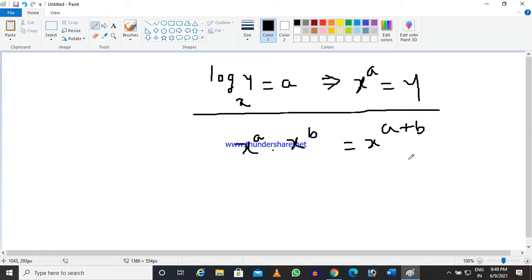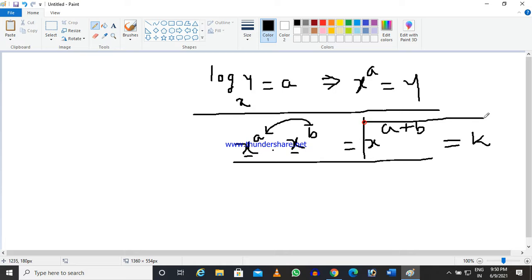This we know, because if the base are same, then the power is to be added. From the law of indices already we know that. Okay, so now I am assuming this is k.